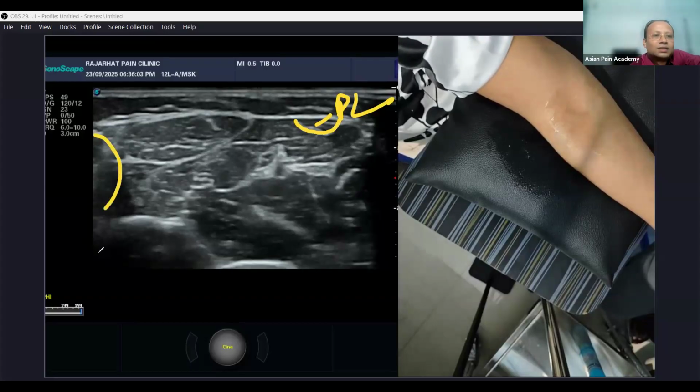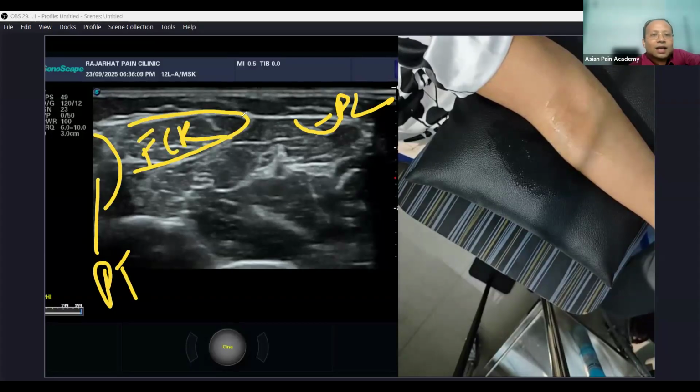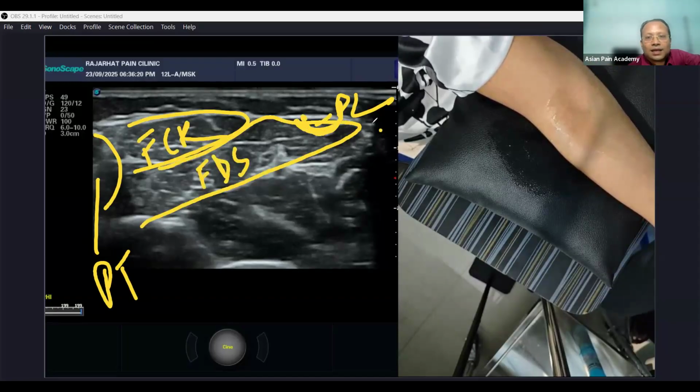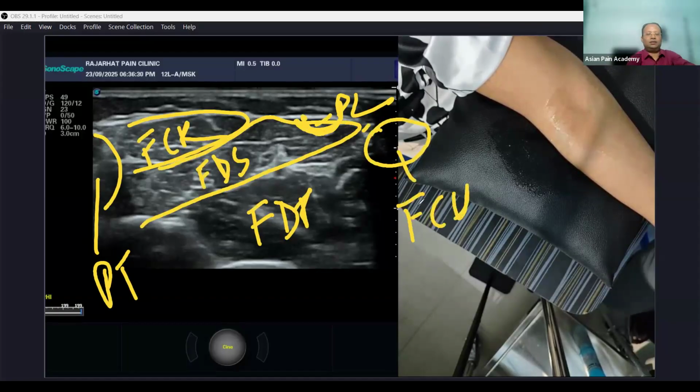This side we have already seen the pronator teres. So this is another muscle, flexor carpi radialis, and this is the big muscle, the flexor digitorum superficialis, and this side, of course, I have to show. This part is flexor digitorum profundus, and of course this side there is flexor carpi ulnaris. Just try to see again.